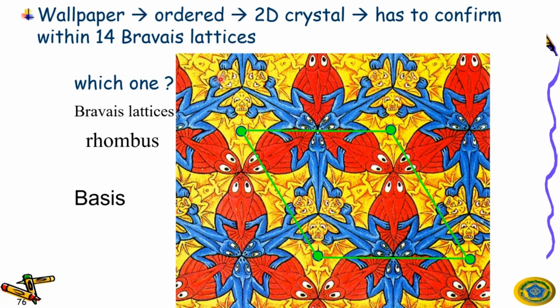The basis also needs to be repeated. Okay, this is the basis. You need to extend this a bit more, and you know this is the repeated unit. Okay, this is the basis.